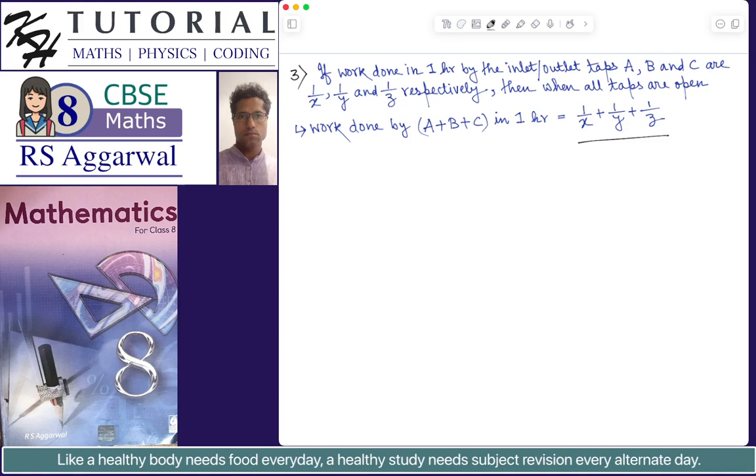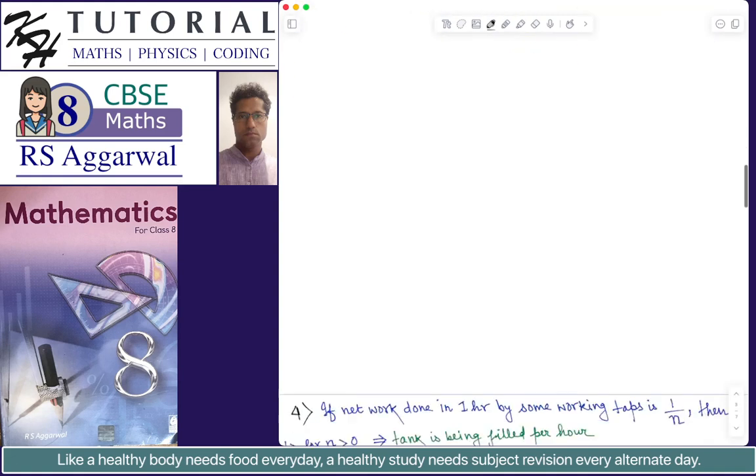Similarly for the taps B and C. So if the work done by tap A in 1 hour is 1 by x, by tap B is 1 by y, and by tap C is 1 by z, then when all the taps are open, the net work done in 1 hour by the three taps will be 1 by x plus 1 by y plus 1 by z. Okay. Let's see the next result.